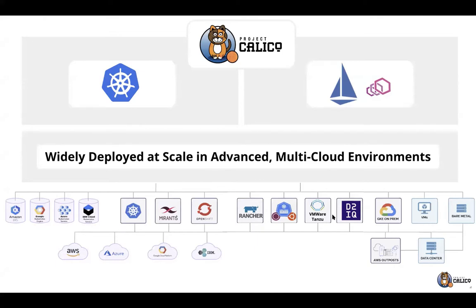Now, as I mentioned earlier, beyond Kubernetes, Calico has been used by some of our largest customers today to not only secure their Kubernetes networks or Kubernetes workloads, but also run it natively on VMs and bare metal.